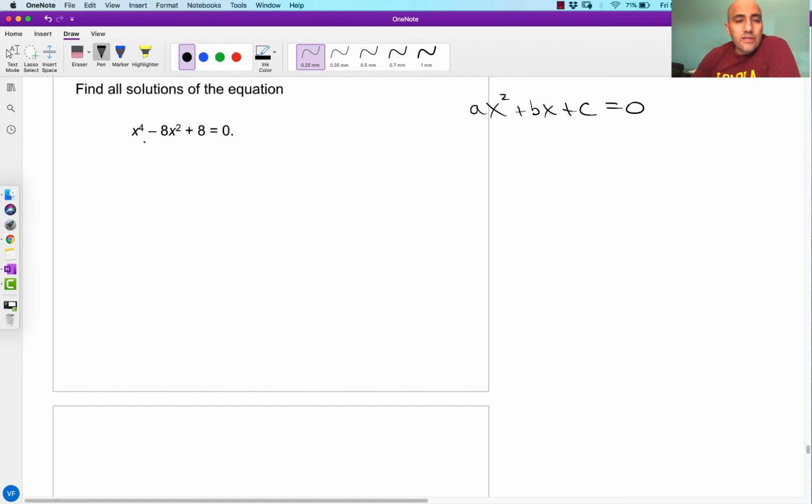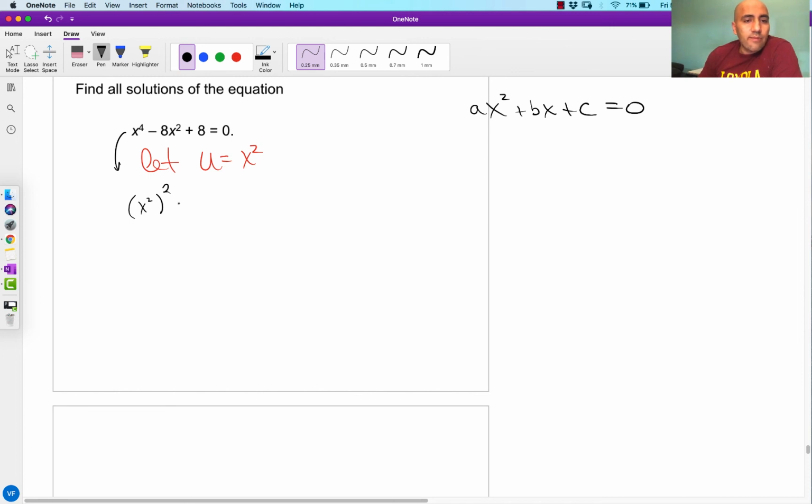And so this one here doesn't initially look like it fits that form because it's a power 4 instead of a power 2. But if we do a very straightforward substitution, like a u substitution, why don't we let u equal x squared. Then that must mean that we can rewrite this as x squared squared, right?